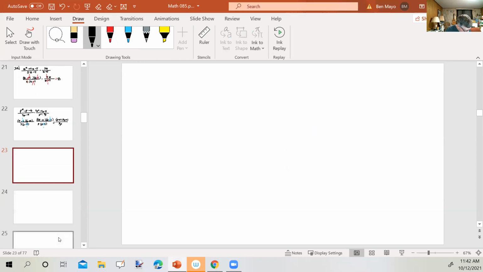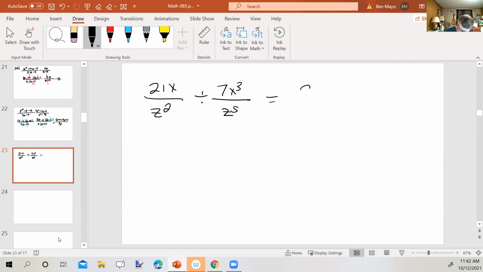Let's say you're dividing and you've got 21x over z squared divided by 7x cubed over z to the 5th. Dividing by a fraction is like multiplying by its reciprocal.